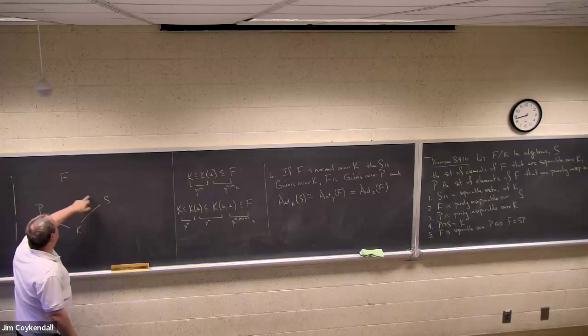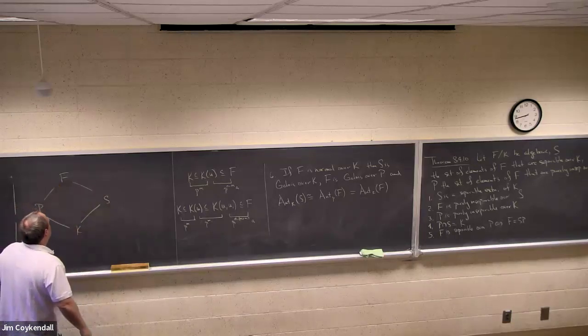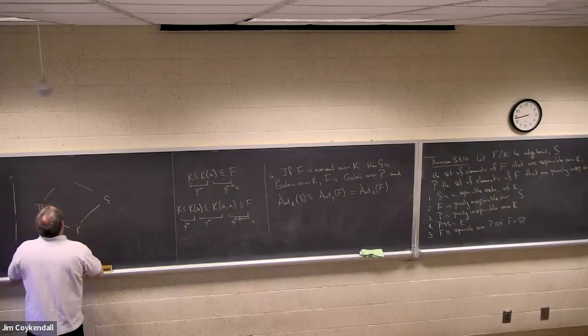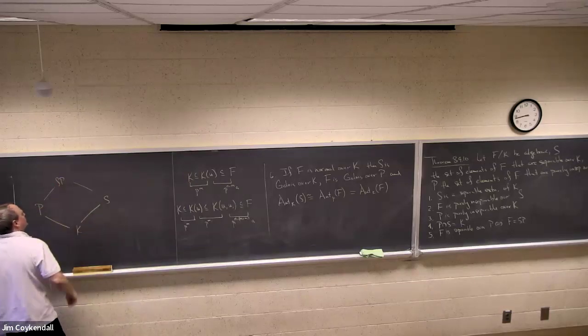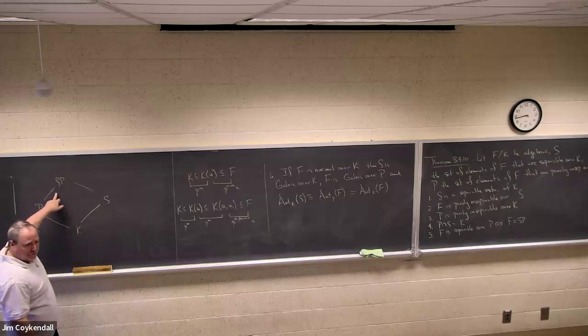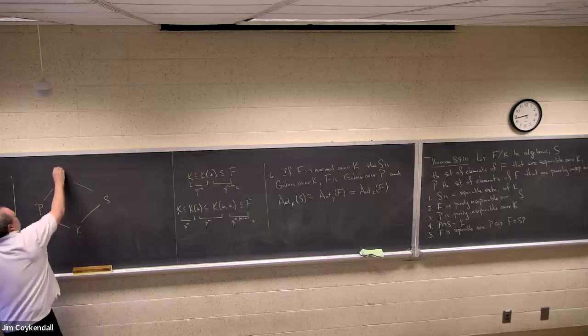And these are all contained here. Here you can make the field SP, which is the smallest subfield that contains both P and S.